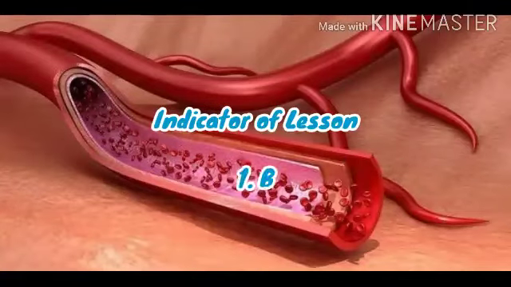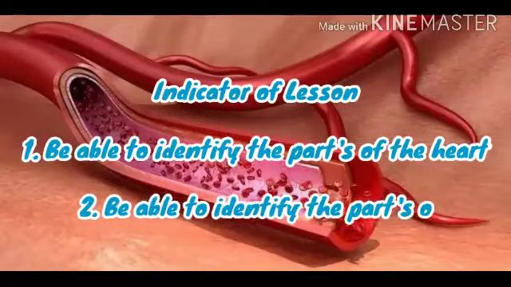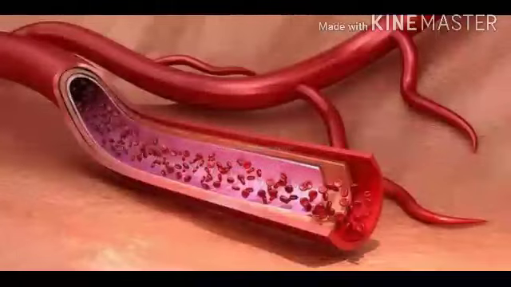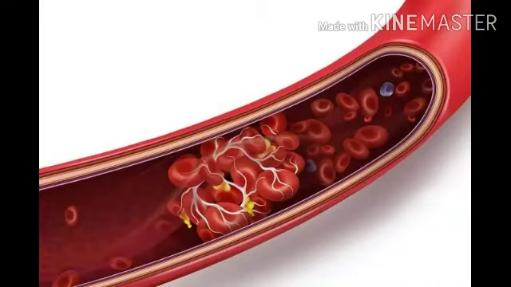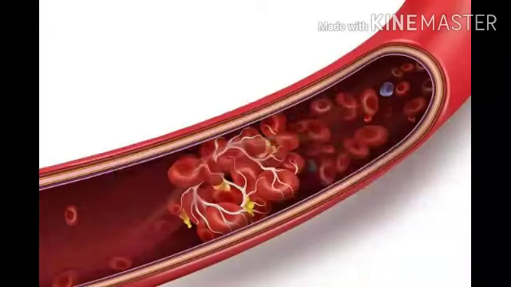Our indicators of the lesson are to be able to identify the parts of the heart and be able to identify the parts of blood vessels. Our scientific word is circulatory system, sistem peredaran darah.